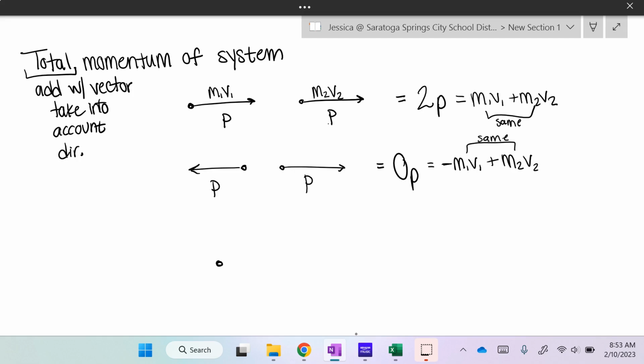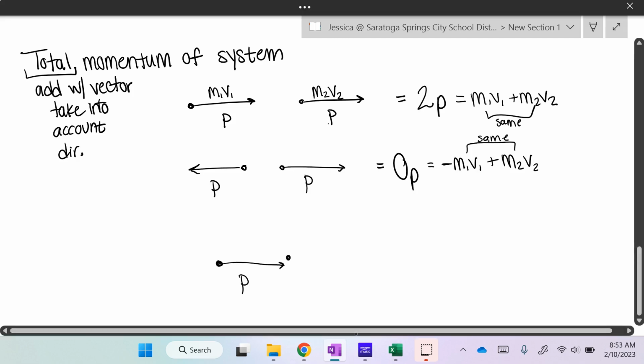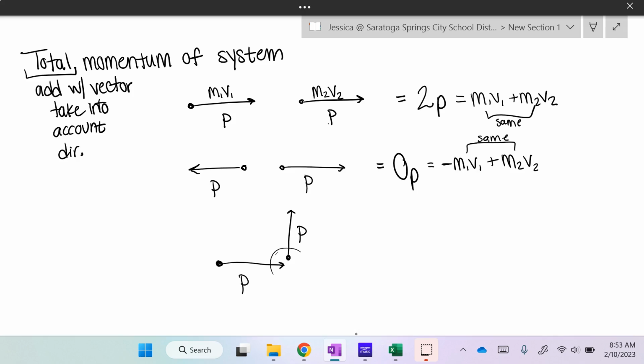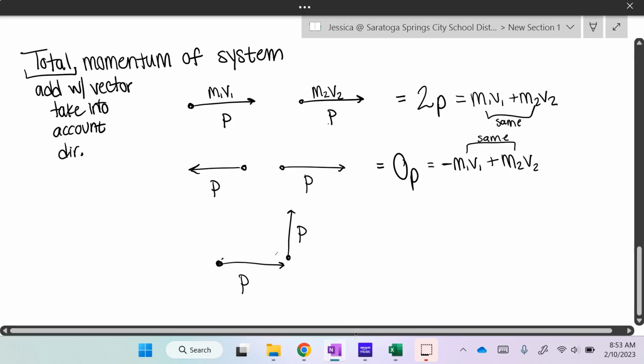One of the last ways we might be asked to vector add is if I have two objects, one with a momentum to the right and one with a momentum upwards. Notice I drew them tip to tail, because that's how we do proper vector addition. And then the resultant, or the total momentum, goes from start to finish.